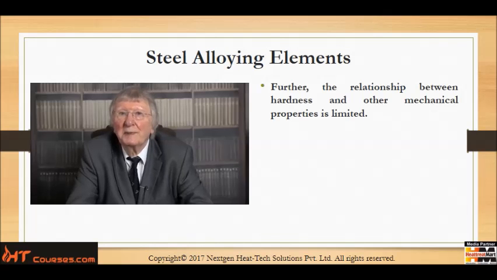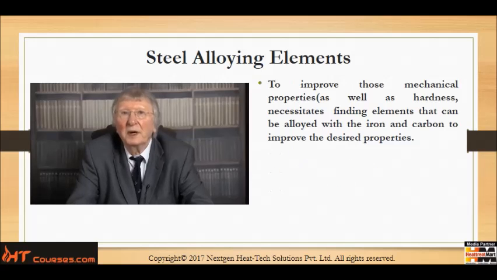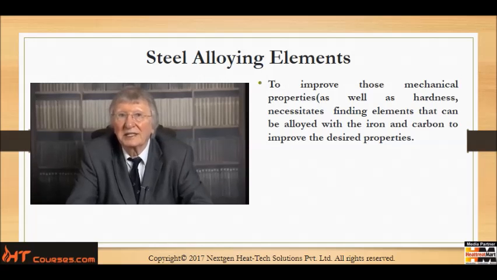The relationship between hardness and other mechanical properties is very limited. The following properties are limited, such as tensile strength, impact strength, torsional strength, yield strength. To improve those mechanical properties, as well as hardness, necessitates finding elements that can be alloyed with the iron and the carbon to improve the desired properties.